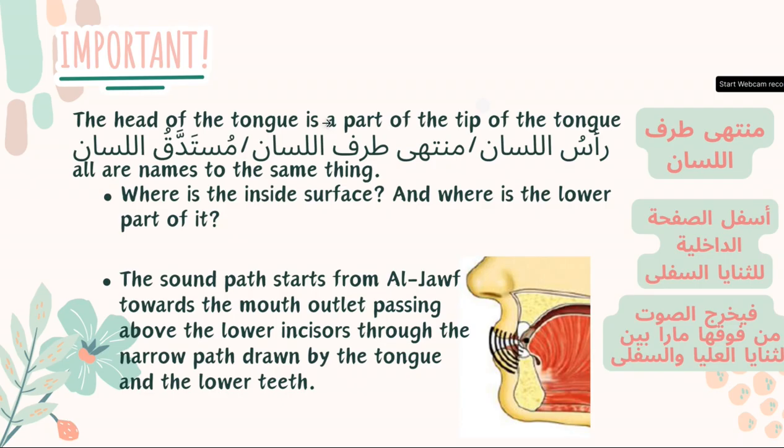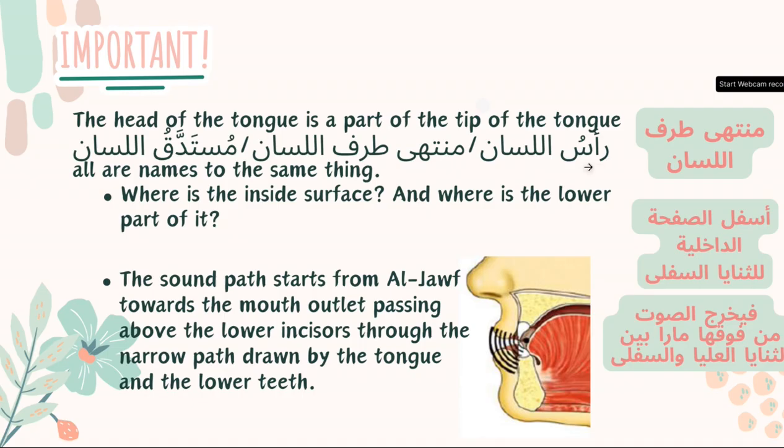So we are emphasizing on the makhraj now. The head of the tongue, as I mentioned before, is a part of the tip of the tongue, okay? And you will hear many names like رأس اللسان, منتهى طرف اللسان, مستدق اللسان. اللسان means the tongue.